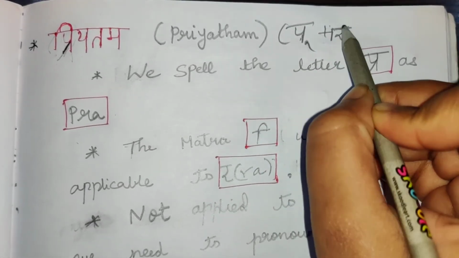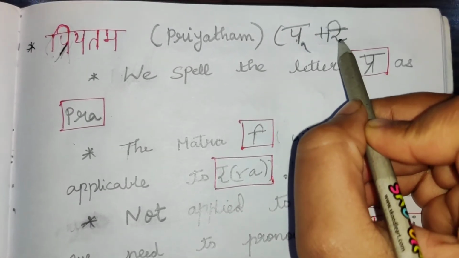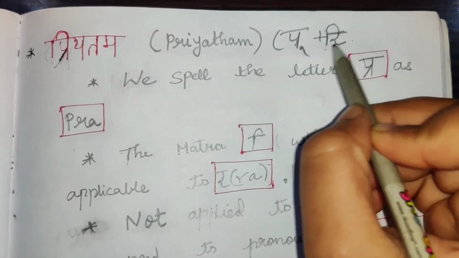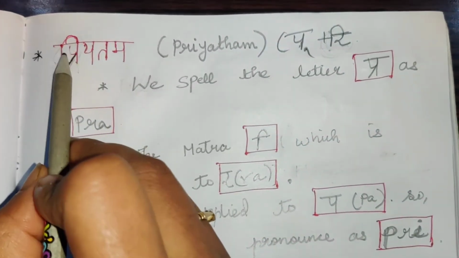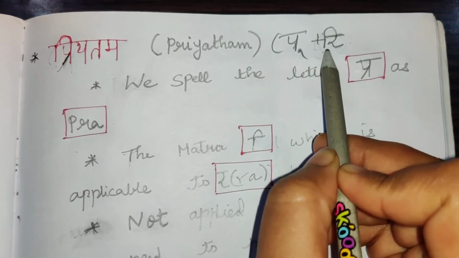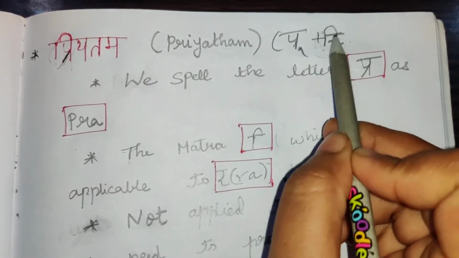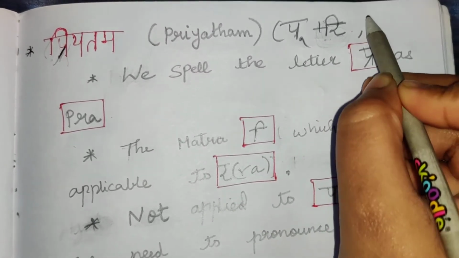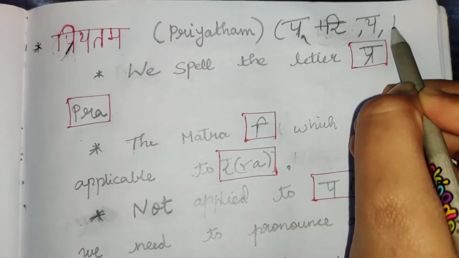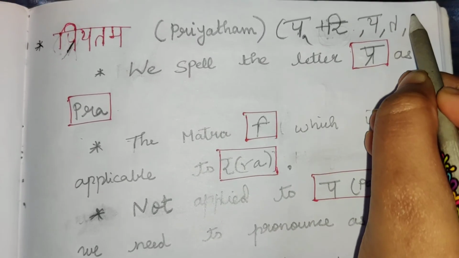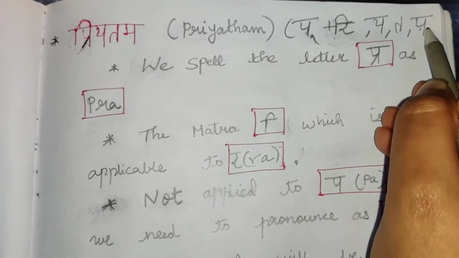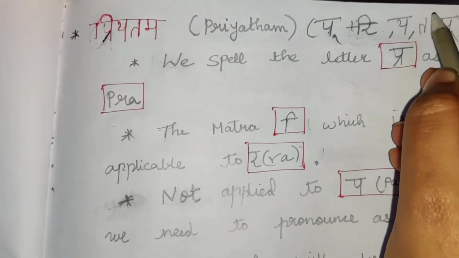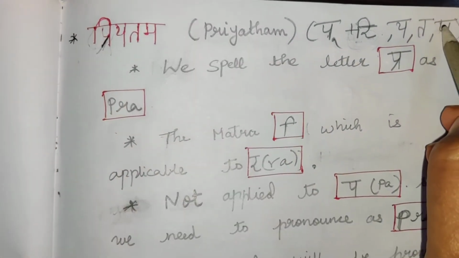So you put it like this. That is the E matra. This matra is applicable to the Ra letter, so it becomes Re. Then we have, as usual, Ya, as usual Tha, and Im. So this is Priyatam.